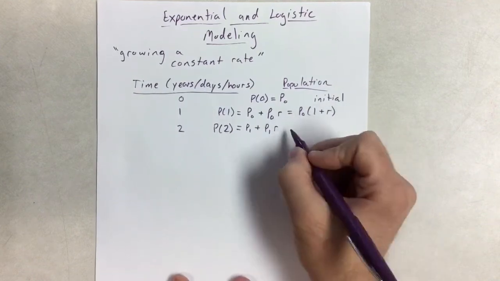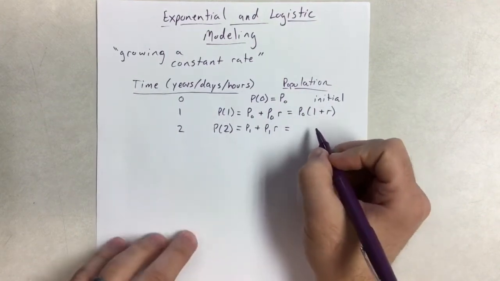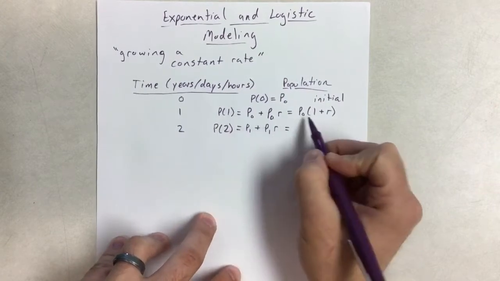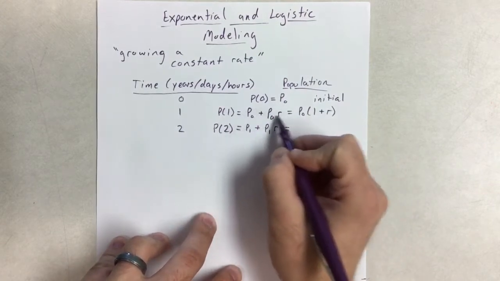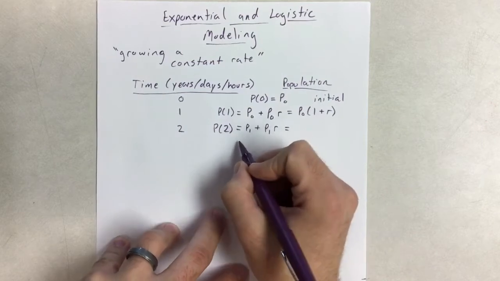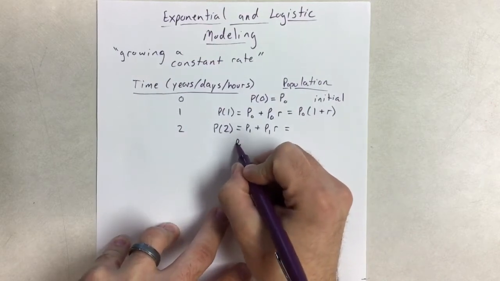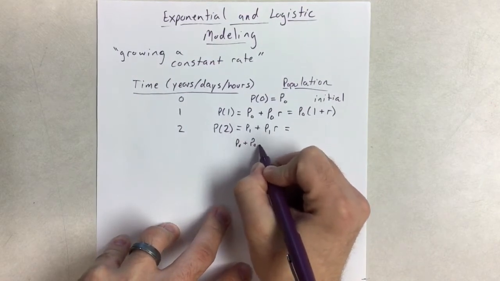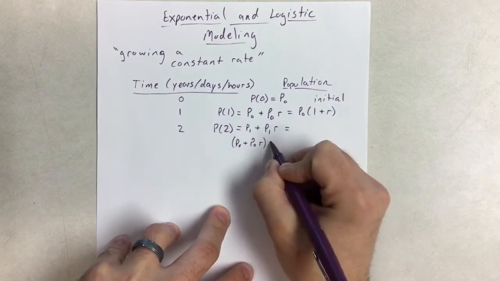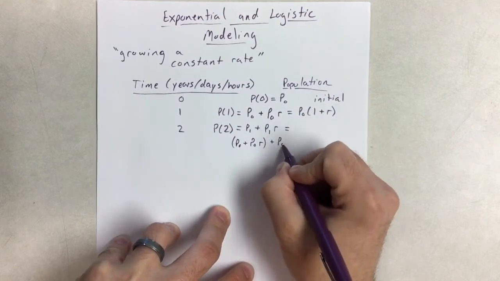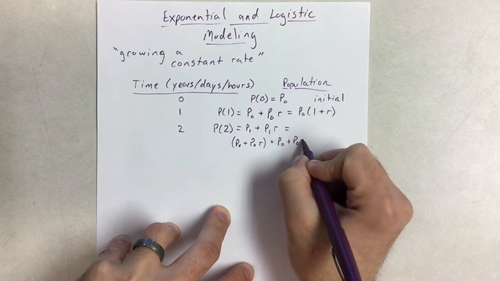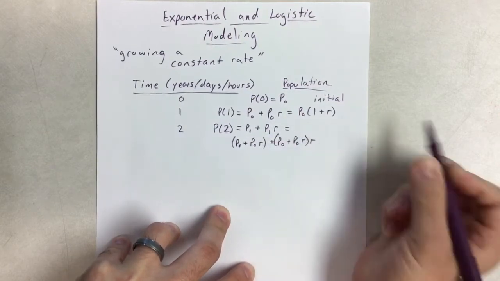With this, I'm going to do some algebraic work here. I'm going to replace P sub 1 with our previous equation. So we would have P sub 0 plus P sub 0 times R, and then P sub 0 plus P sub 0 times R multiplied by R.